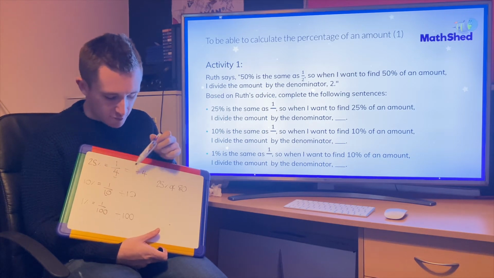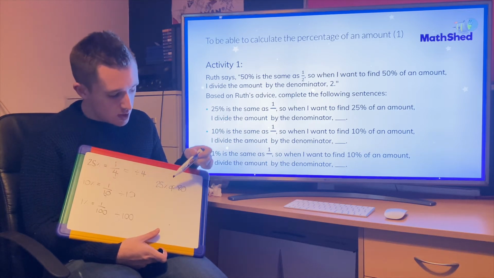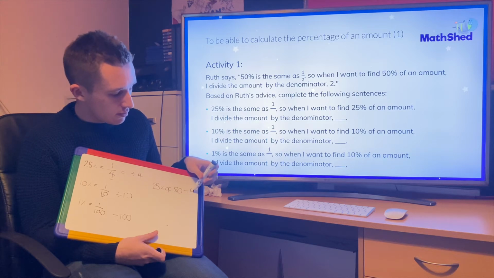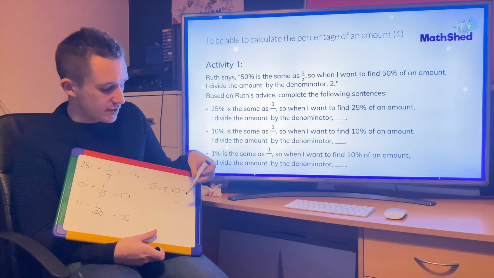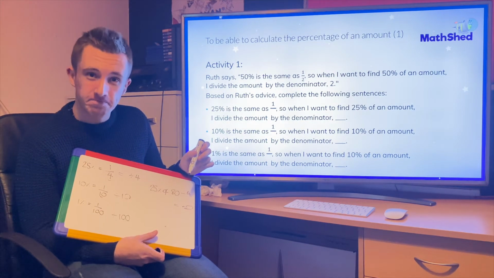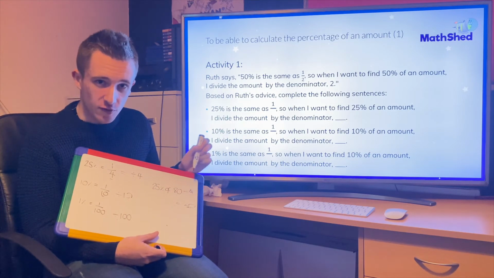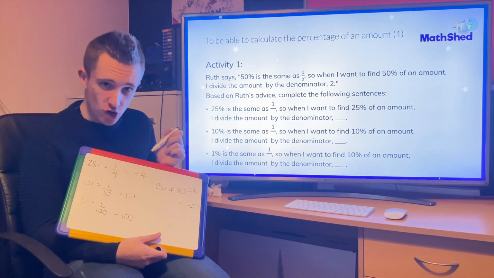So to find 25%, we divide by the denominator, which is 4. So we divide 80 by 4, which would give me 20. So 25% of 80 is 20, because we've divided by 4, which was the denominator of the fraction.